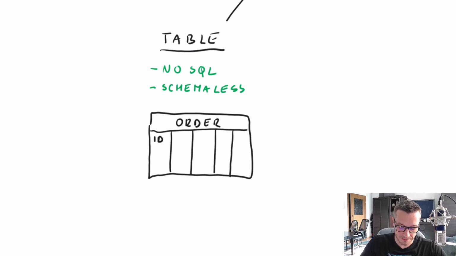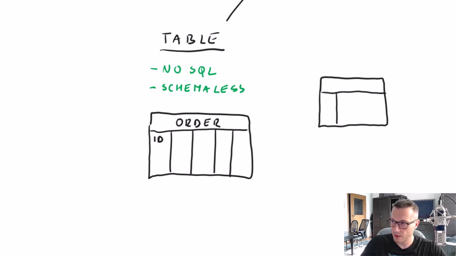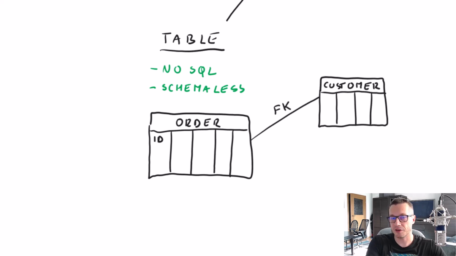Then we might have some other table, like customer, that again has a fixed schema. And those tables would be just connected using a foreign key relationship to define that a specific order was created by a specific customer. So that's what relational databases are all about, those relations between tables.